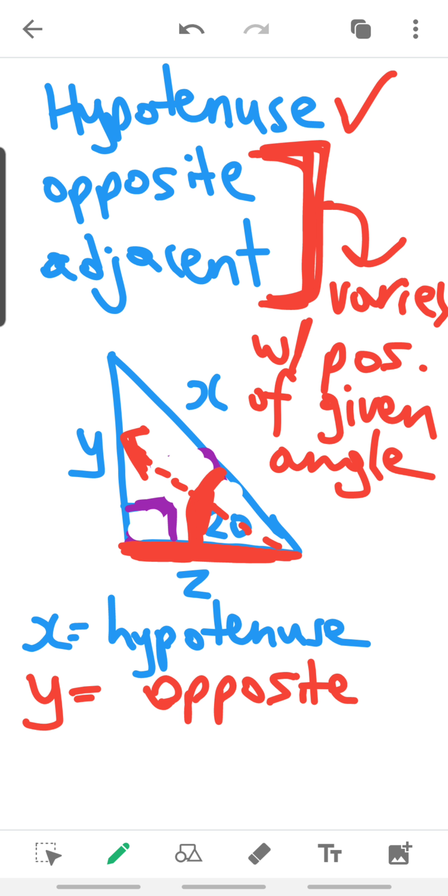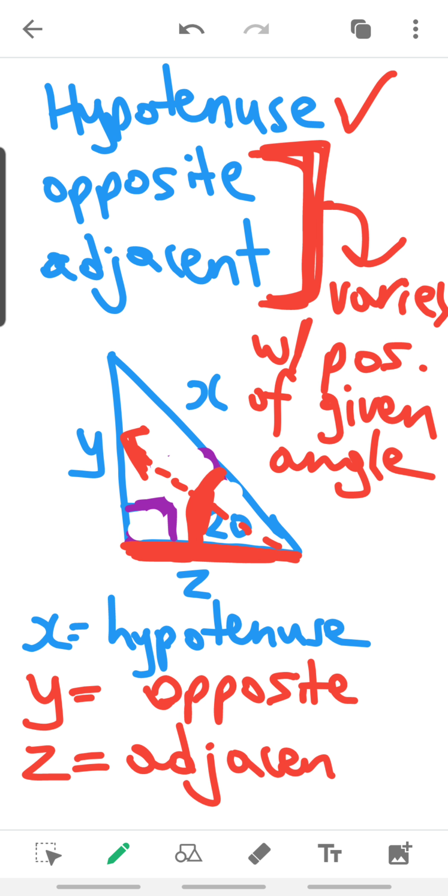So therefore, our adjacent side is going to be z. So that's the first thing we should be able to recognize. If I give you any right angle triangle with this topic, you should right away be able to identify what's my hypotenuse side, what's my opposite side, and what's my adjacent side.